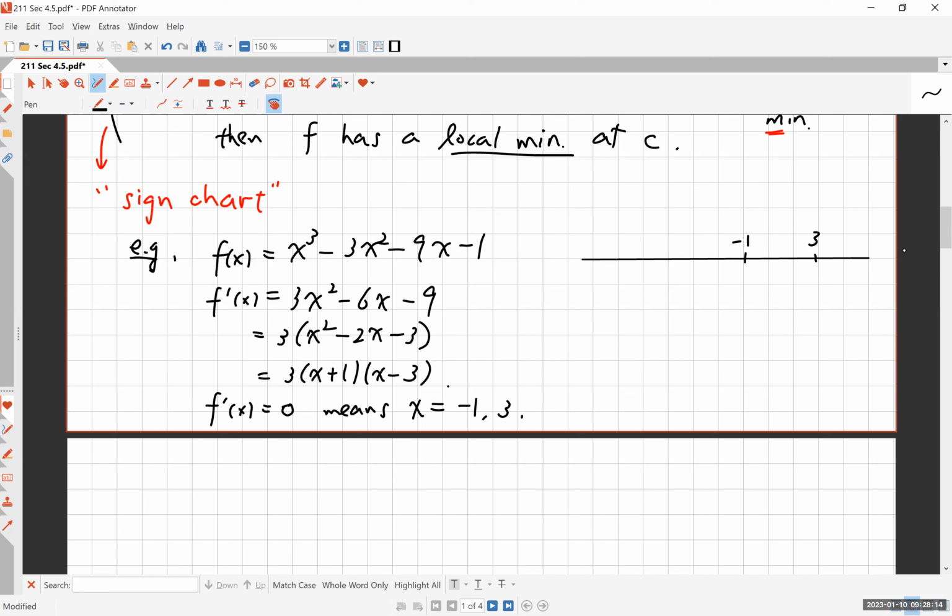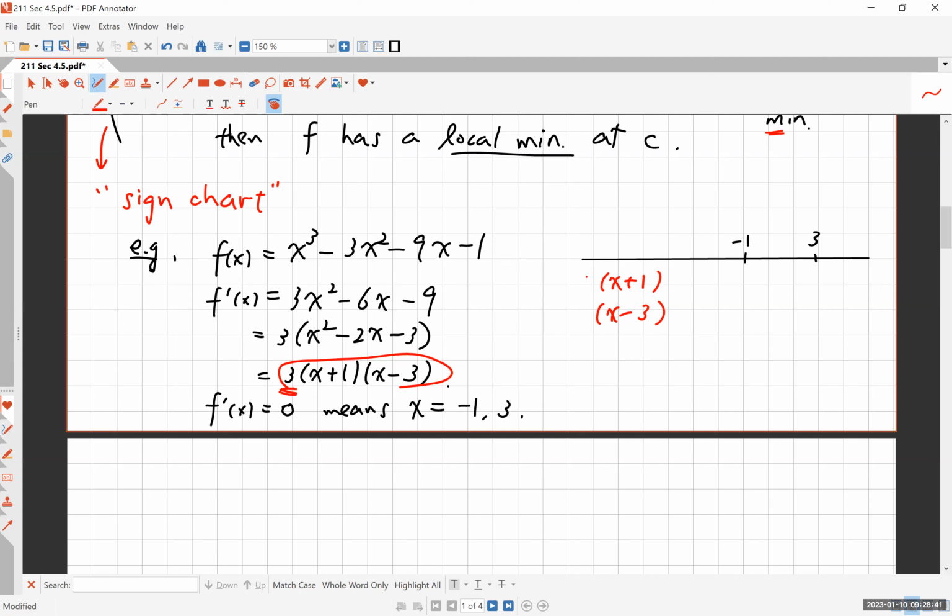And at each point, you see how this is your derivative. So 3 times (x plus 1), you can just divide this into 2, or maybe even 3. The number 3 is positive, so it really doesn't matter. You can even erase this if you don't worry about this, because this doesn't affect the sign of the derivative, right?